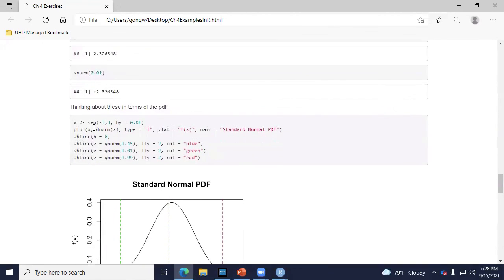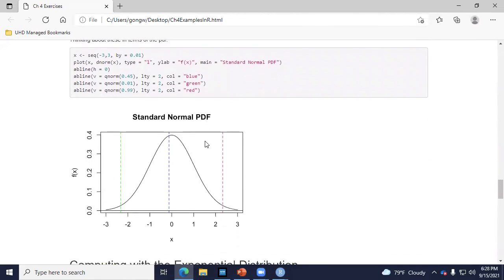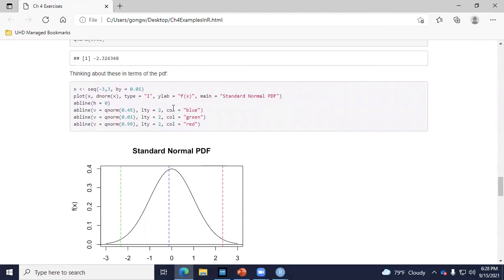I have put in another plot trying to interpret this in terms of a PDF. I plotted the PDF for the standard normal, and this abline just puts a line at 0 where f(x) equals 0. This abline with v is a vertical line put on the plot.